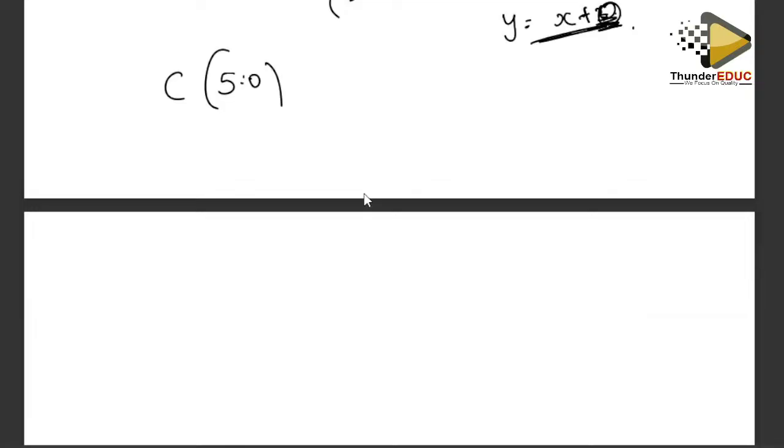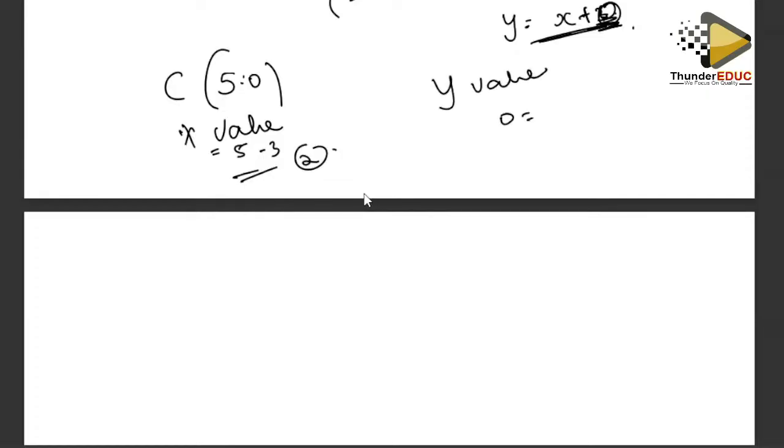Initially we were supposed to switch positions. We were supposed to switch the positions, meaning that our x value was going to be 5 minus 3, which gives us what? Yeah, 2. And then for us to get the y value, 0 is equal to x minus 3, meaning that our y value is a 3.